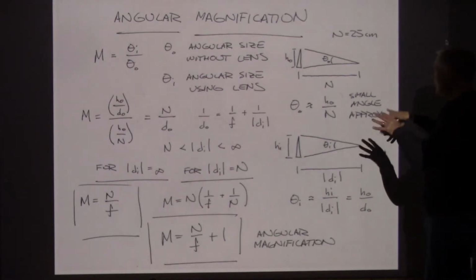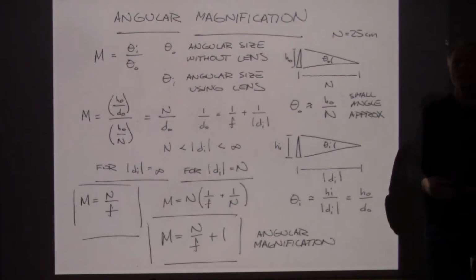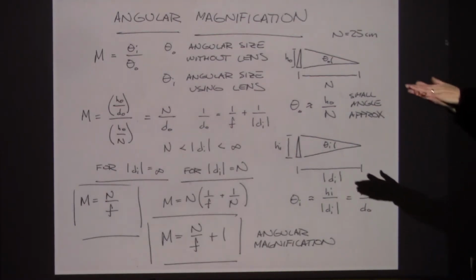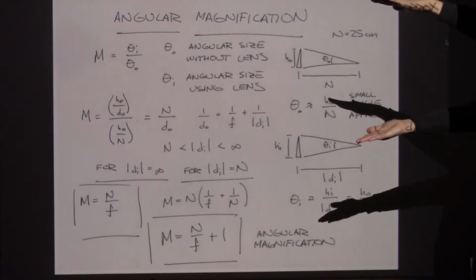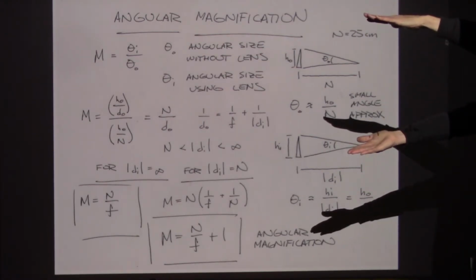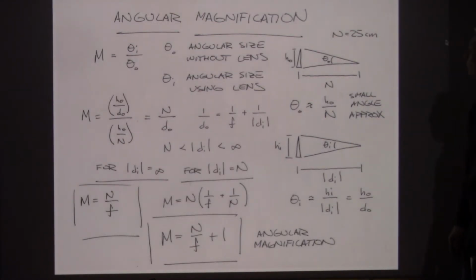That's going to give me a small angle approximation. It's going to come out in radians, and that's the angular size of an object. And what that's asking is, how much of an angle does that object subtend? All right, everybody's good with that?